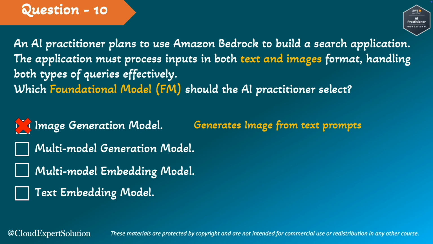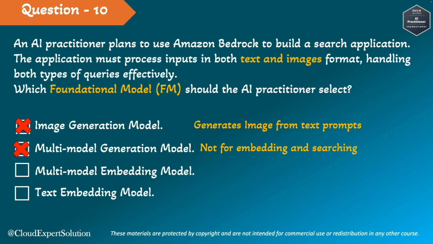Next option is multimodal generation model. A multimodal generation model is typically used for generating content that involves multiple modalities, such as generating images from text descriptions. While it can handle multiple modalities, it is not specifically designed for embedding and searching purposes. We need a multimodal embedding model, not a multimodal generation model. That is why option 2 is also incorrect.